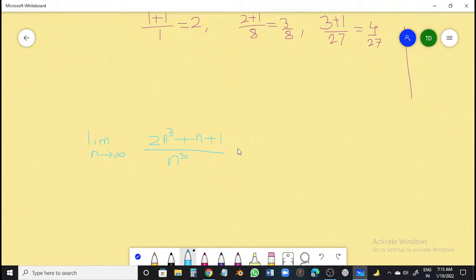So let us take the largest power common. Limit n tends to infinity. From the numerator I'll have n cube out. Inside I'm left with 2 plus 1 over n square and plus 1 over n cube.